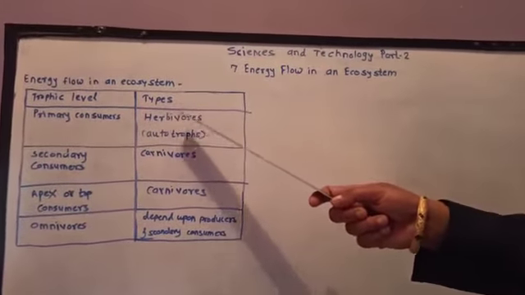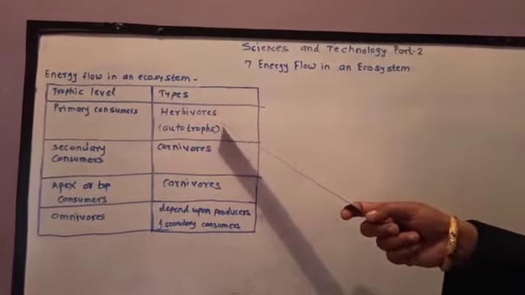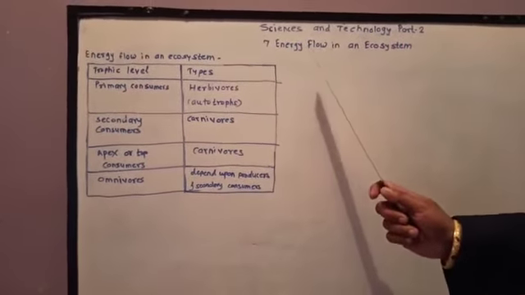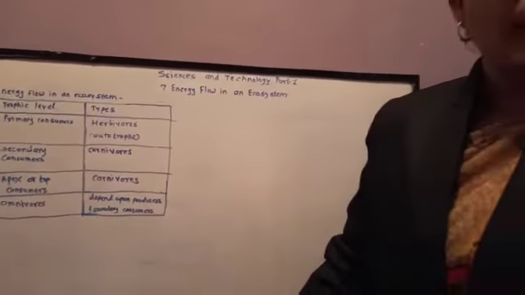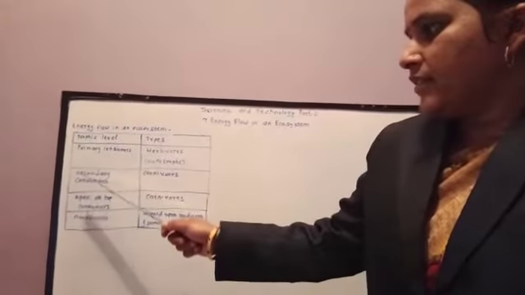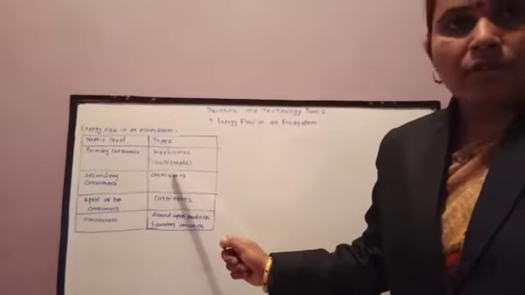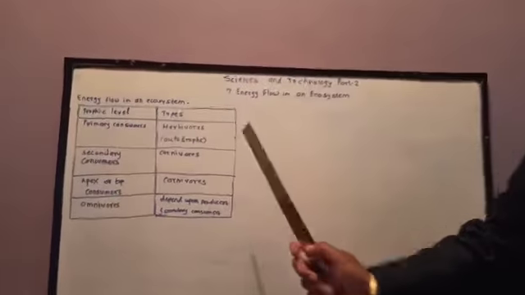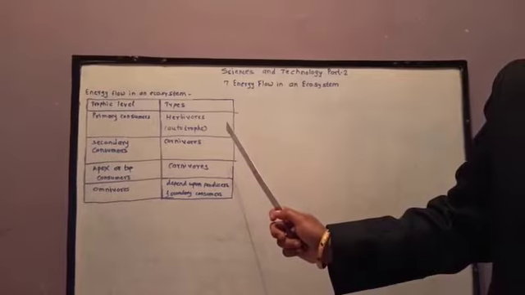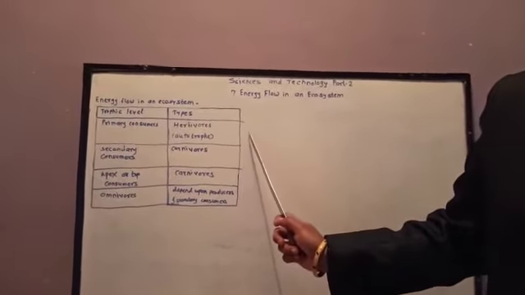Type is herbivorous, dependent on producers. Examples: grasshopper, squirrel and elephant, etc. Second is the secondary consumer. Type is carnivorous, depending on herbivores for food. For example, frog, owl, fox, etc.